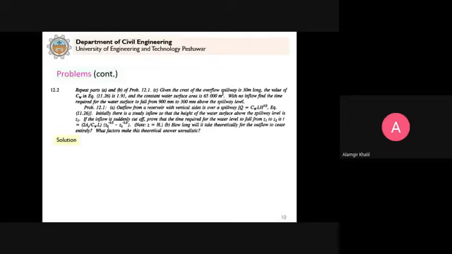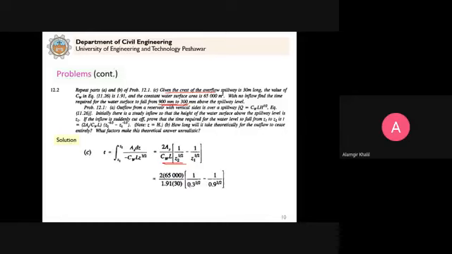Part C of the question asks how much time it will take for the water level to drop from 900 millimeter to 300 millimeter. So it is easy. We just use the equation that we developed. From 900 to 300 millimeter, everything is given: 0.3 and 0.9.